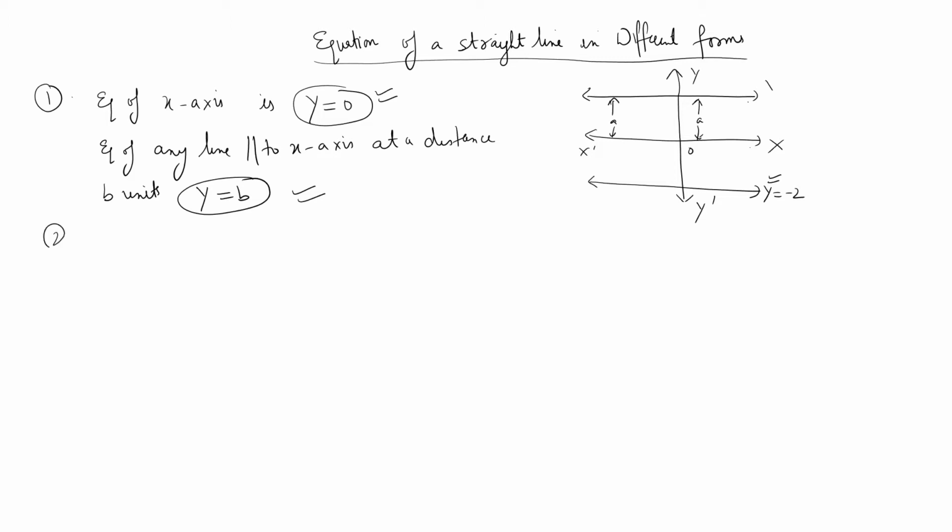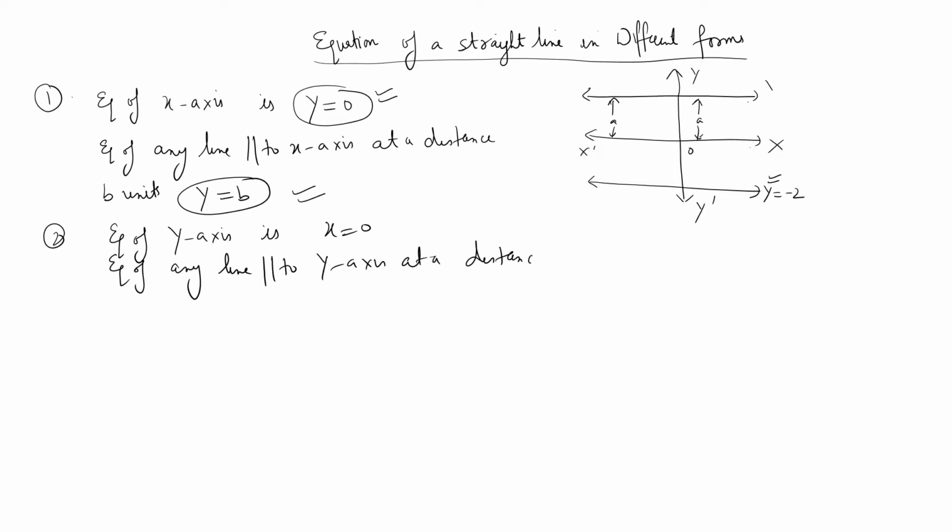Similarly, equation of y-axis, what will it be? Yes, x is equal to 0. And equation of any line parallel to y-axis, say at a distance a units, like this.